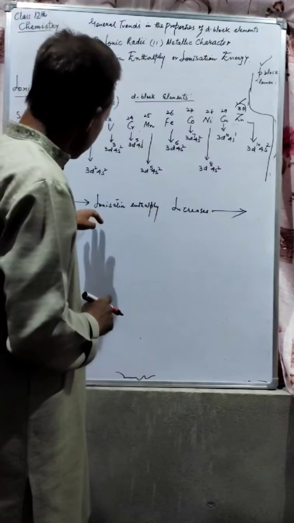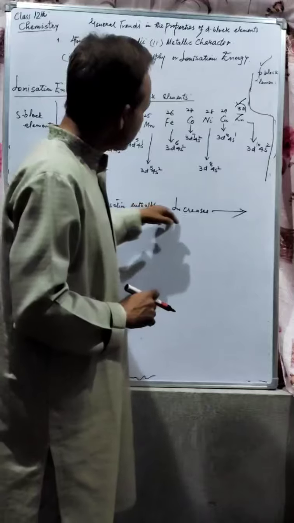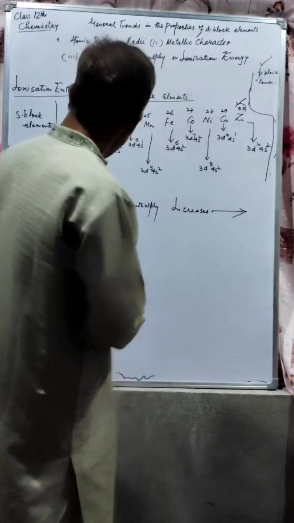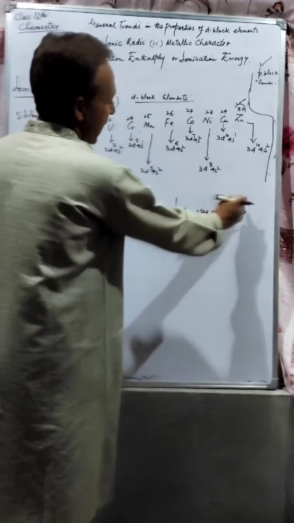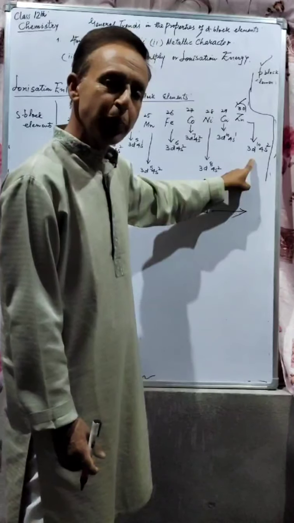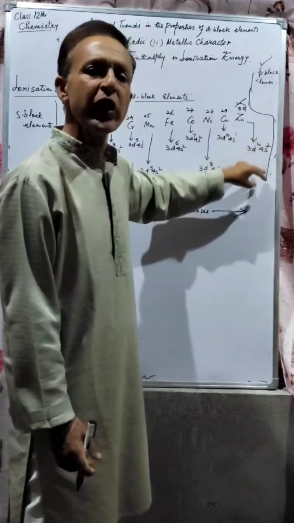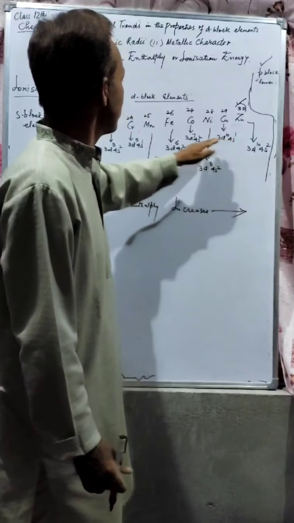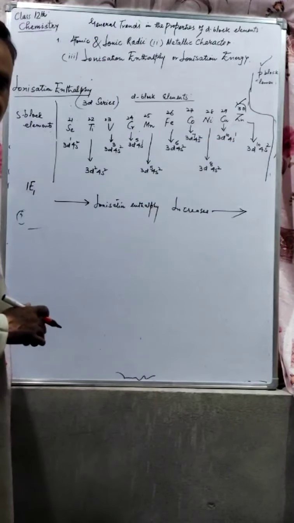So, no doubt the ionization enthalpy first increases along the series, but the first ionization enthalpy of zinc is very, very high as compared to the rest of the elements.